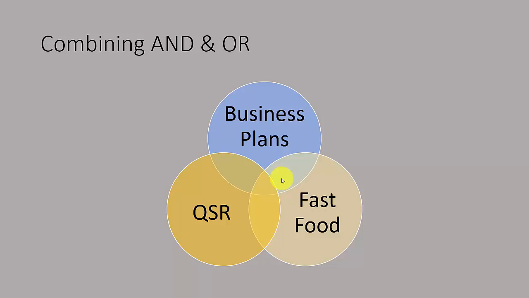And I'm adding in business plans, so I'm focusing it down to look specifically at business plans related to those two concepts. Only one of the two has to be in my result: quick service restaurant or fast food, but business plan has to be there since I don't have an or. So basically that's what you're going to want to start doing, is thinking up words and concepts that will focus your search down while expanding it, and then focusing it and expanding it, going back and forth with your search results.